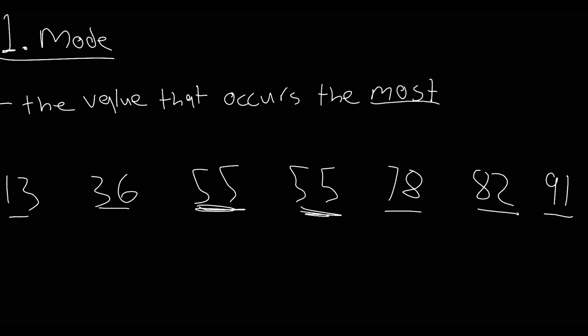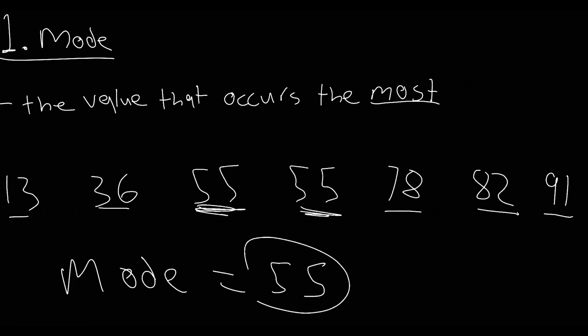Since I've put it in numerical order, it is really easy to find the mode, as the numbers that occur again are right next to each other. Only 55 occurs the most, twice. Therefore, in this dataset, my mode is equal to 55, and that is my final answer.